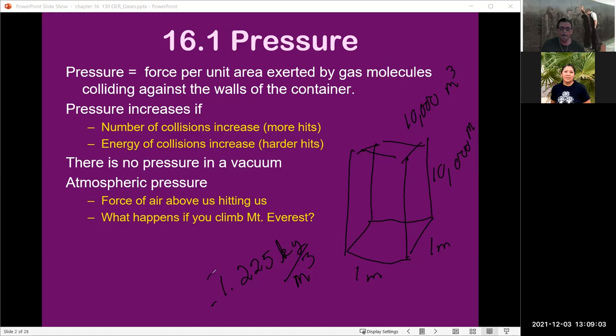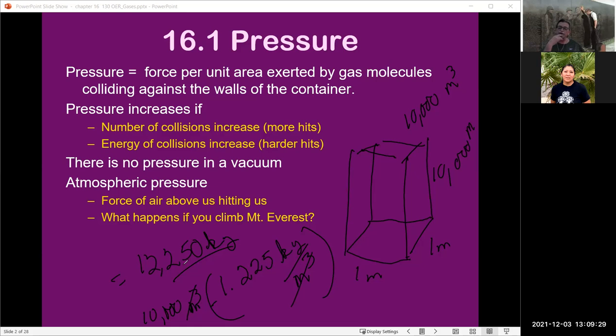If I multiply that by the 10,000 cubic meters you're sitting in, the weight of the air that's hitting on you is about, check my math, 12,250 kilograms. Imagine that?